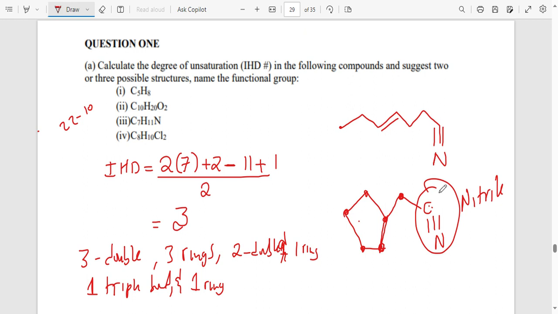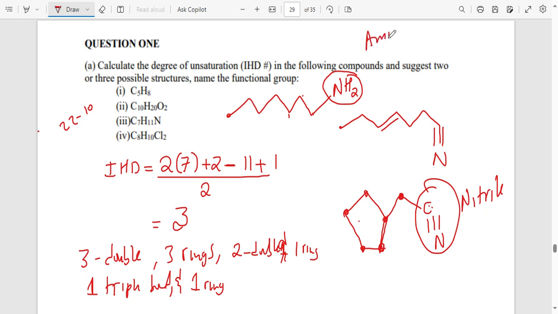Another functional group that can come from a nitrogen is an amine functional group. So I can write 7 carbons, 1, 2, 3, 4, 5, 6, 7, but with a nitrogen bonded to 2 hydrogens, that is an amine functional group.